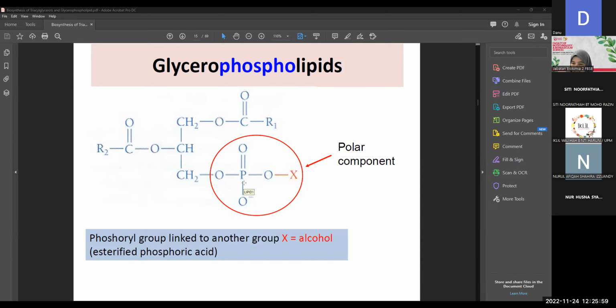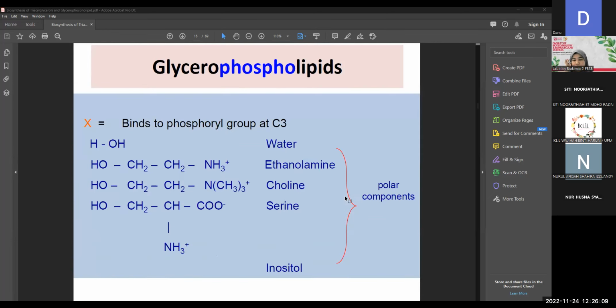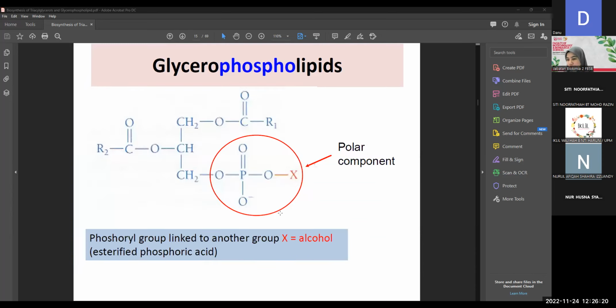This phosphoryl group can link to another group. Now we have glycerophospholipid from phosphatidic acid, but this head group can link to another group.